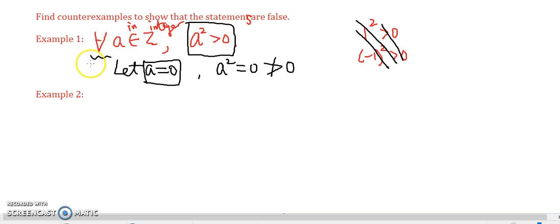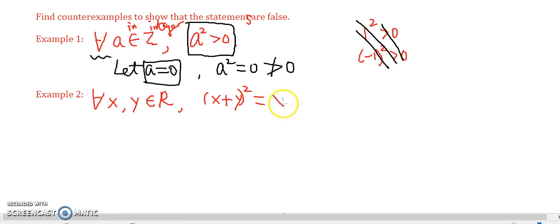In this first example, there's only one variable. If we have two variables, this statement for any x, y, well, this works for any integer or real number. For any real number, (x plus y) squared equals x squared plus y squared.